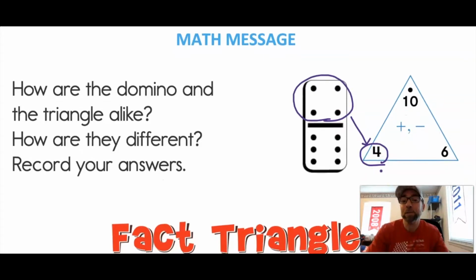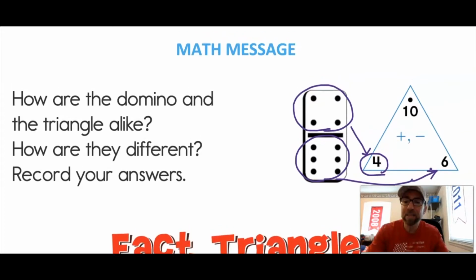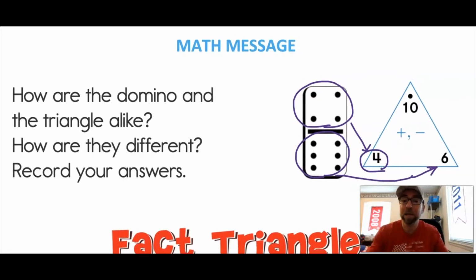I also see that we have 6 dots, and on the triangle, we have the number 6. So it looks like they're working with the same numbers. Now, how are they different? Well, the domino has dots, and the triangle has numbers.